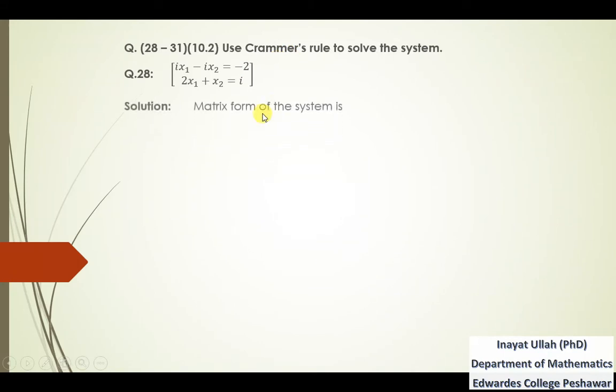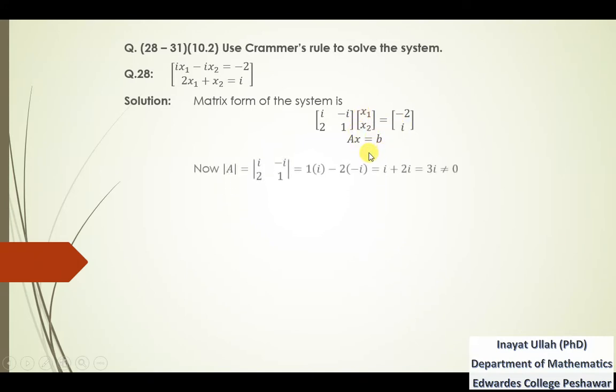First of all, we need to write these two equations in matrix form. What is the matrix form? The matrix with rows 1, iota and 2, minus iota, times the column vector x1, x2, is equal to the column vector with minus 2 and iota. So that is matrix A, this is x, and that is b.